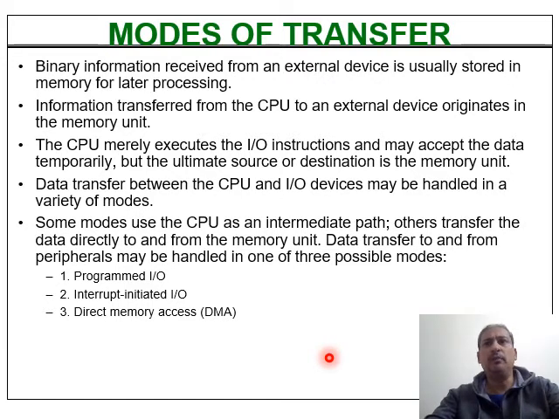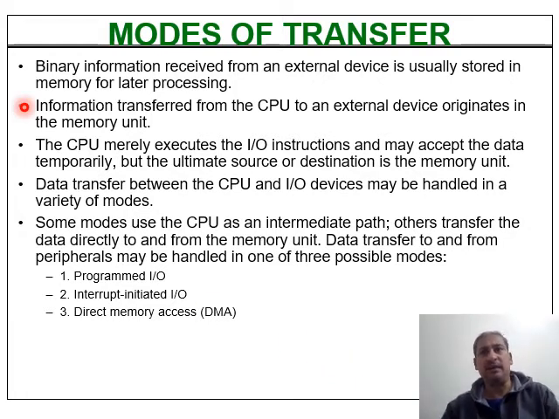Similarly, in an output operation, the CPU is sending certain data to the output device. But where does this data originate? This data once again originates at some variable in the memory. So the actual source and the actual destination of the data is the memory unit.